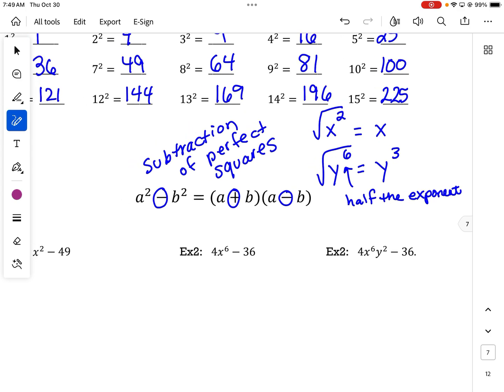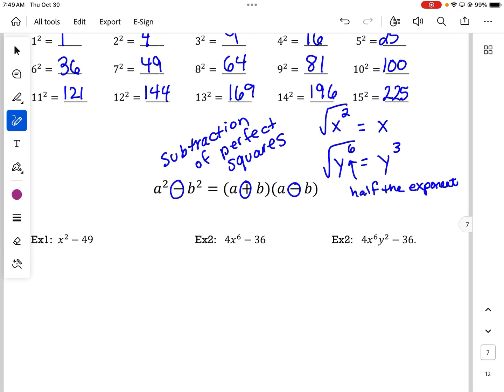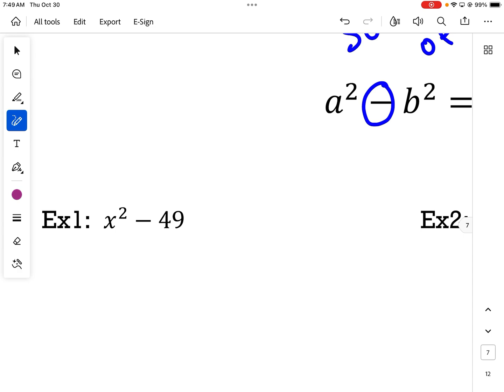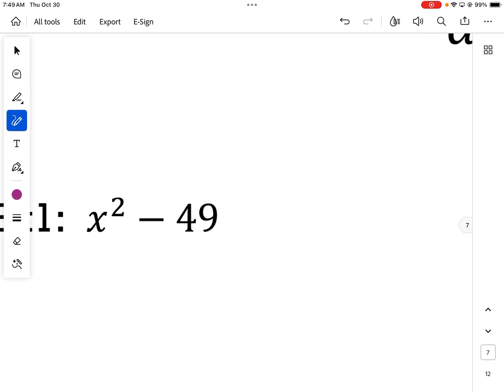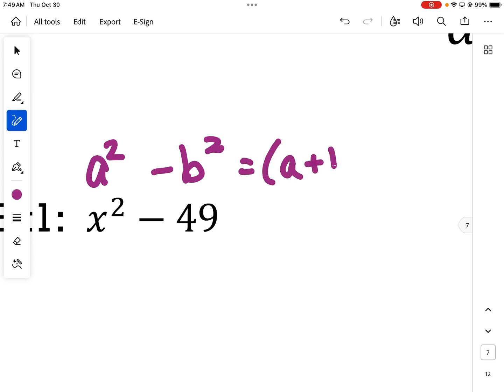Okay, so we just have 3 examples. So let's look at the first one. It says x squared minus 49. So our format is a squared minus b squared. And the way I write it is a plus b and a minus b.